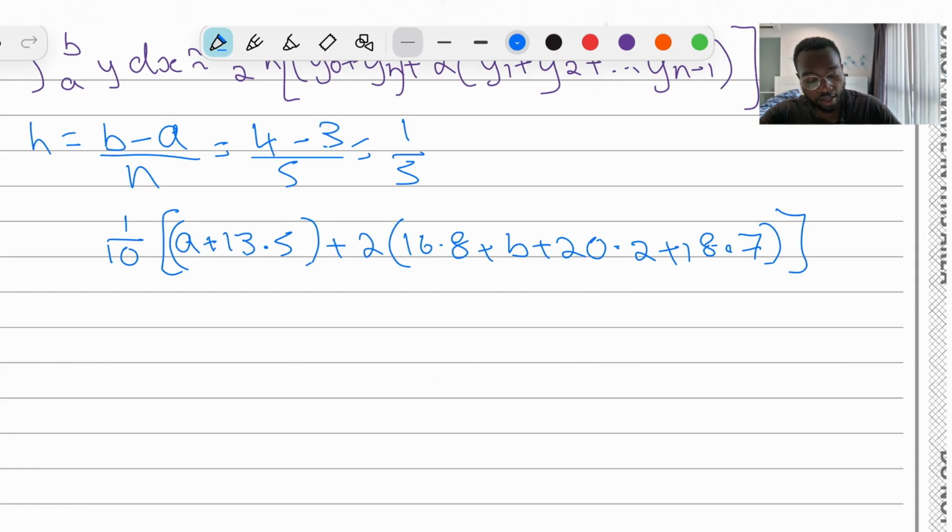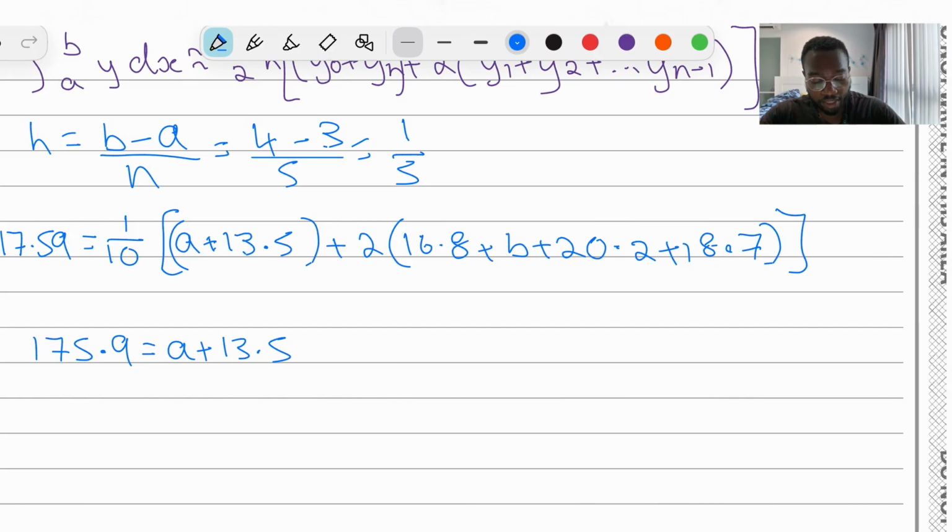And what do we know about this? Well, we know that this is equal to an estimation for the area, which we're told is 17.59. If we times everything by 10 now to get rid of that 1 over 10, that would be 175.9. And that would be equal to a plus 13.5.